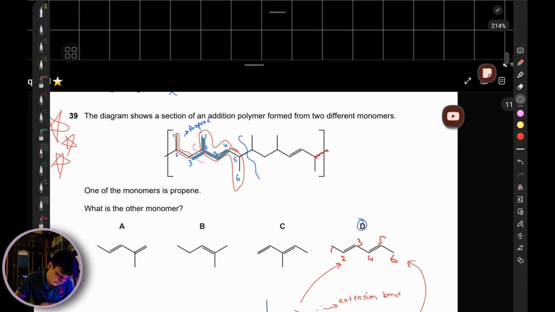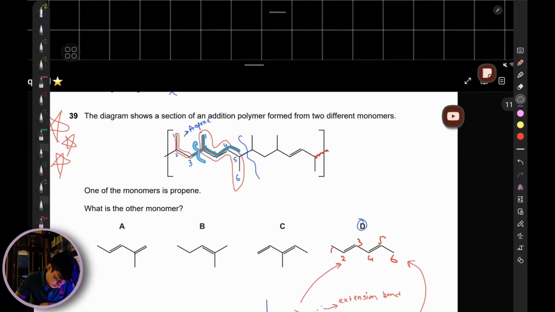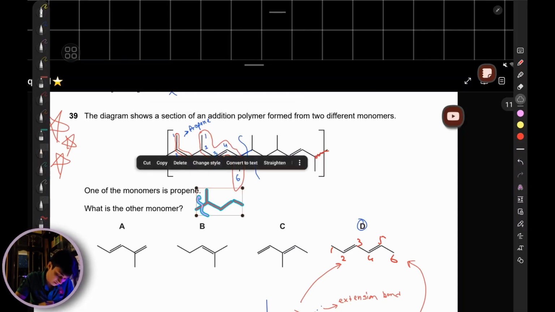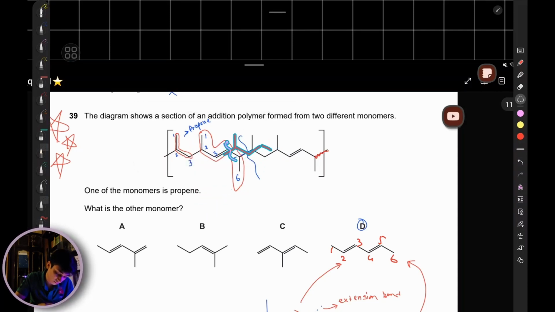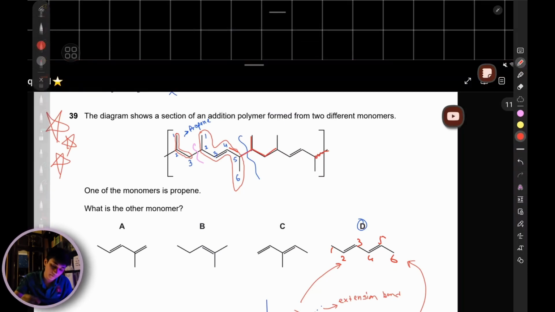If I plug it in over here, is it a repetition? No, it's not, because there's a double bond over here. We don't have a double bond with R1. So where could it be? If I plug it in over here, no, there's no bond over there. Okay, if I plug it in over here, yes, this could work. Why?